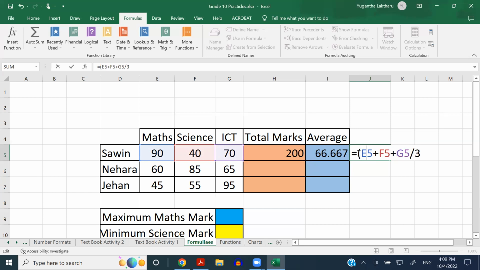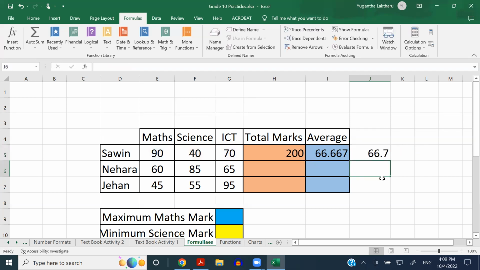So first I have to take the sum or the total of all 3 subjects. So it indicates like this. Then I have to divide it by 3, which gives us the same answer. And this says 66.7. And how can I make this 66.7?